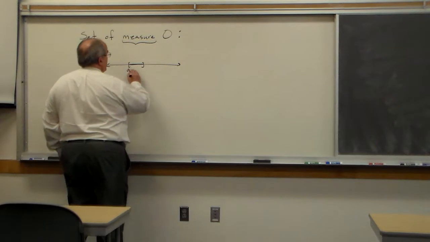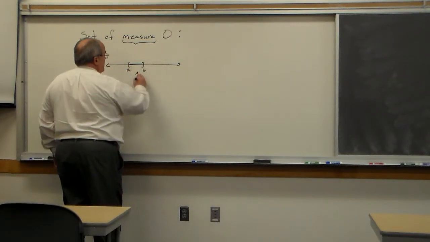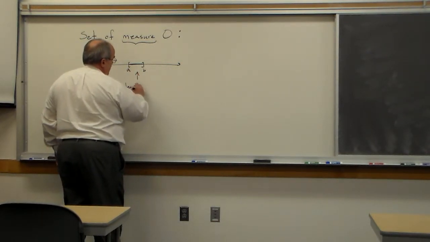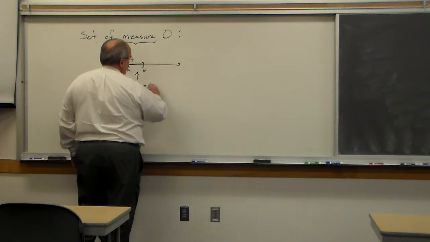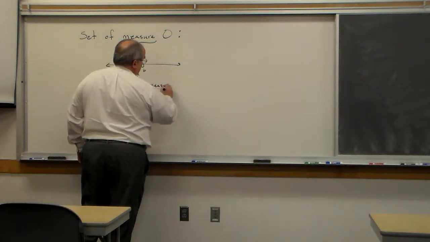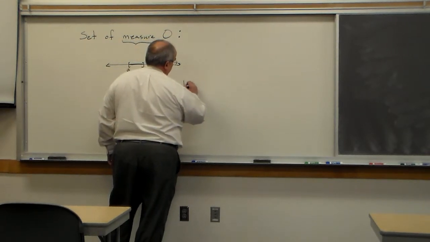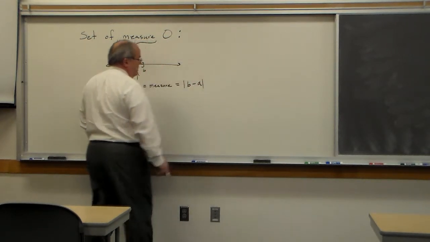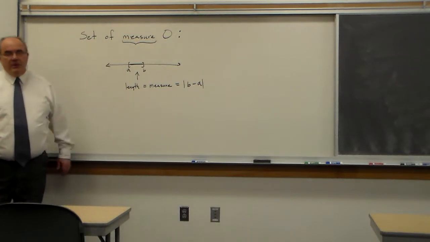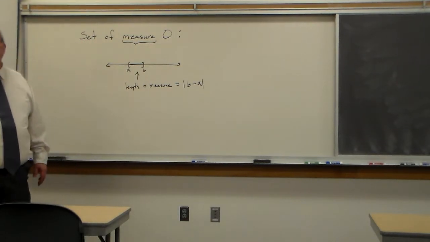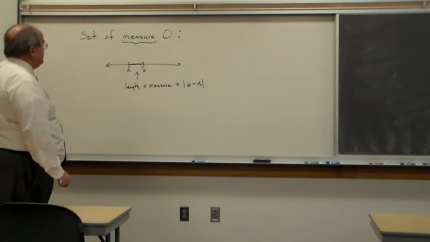And if we are going from A to B, then we talk about the length, which for us is going to be B minus A, the measure. And that's just the absolute value of B minus A. You actually need the absolute value in that particular case. So the interval from 0 to 1 has measure 1.